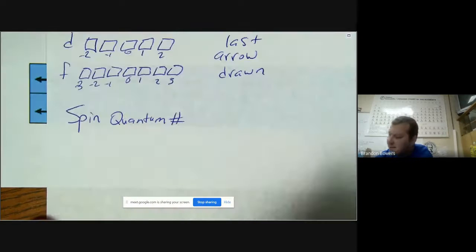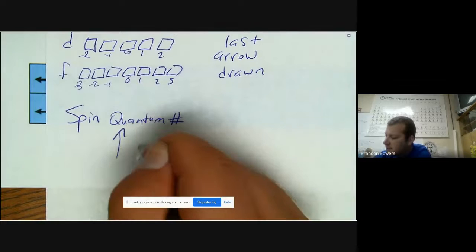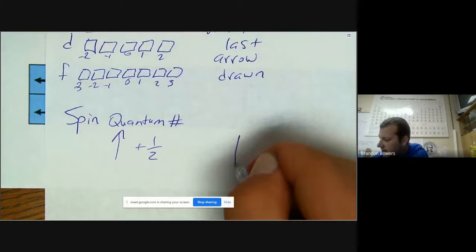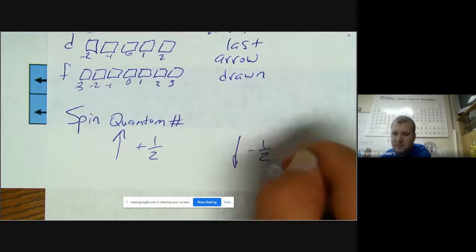If your last arrow is up, that means it's positive 1/2. If the last arrow is down, that means the spin quantum number is negative 1/2.